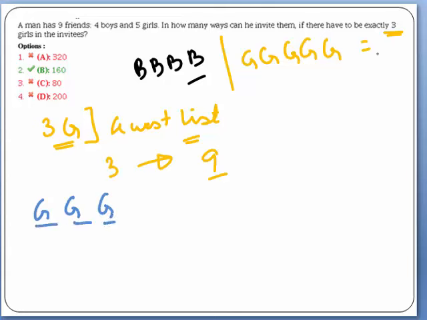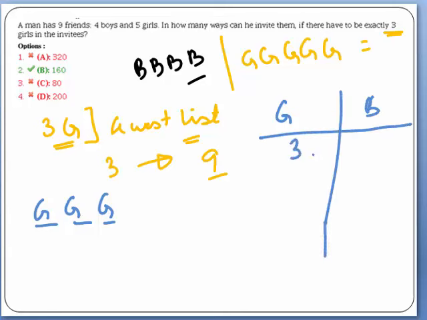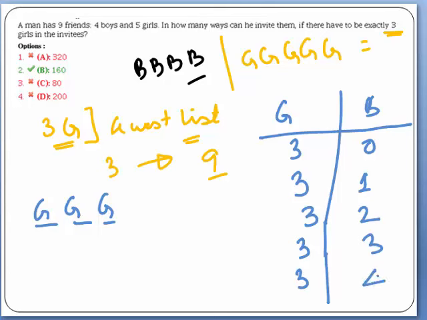Now, since there has to be exactly 3 girls, the possible combinations of girls and boys will be 3 girls, 0 boys; 3 girls, 1 boy; 3 girls, 2 boys; 3 girls, 3 boys; 3 girls, 4 boys.